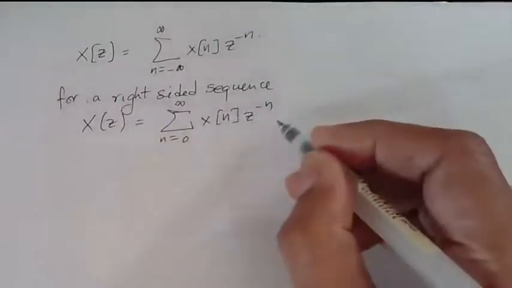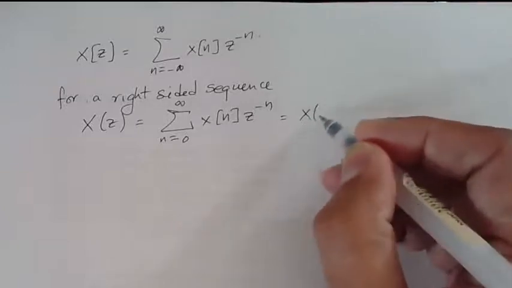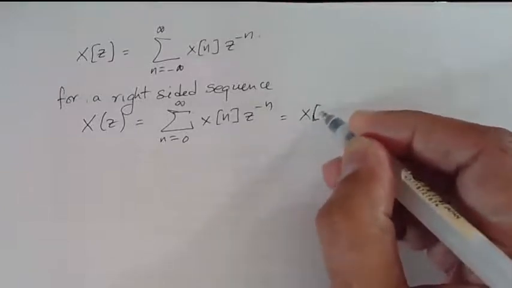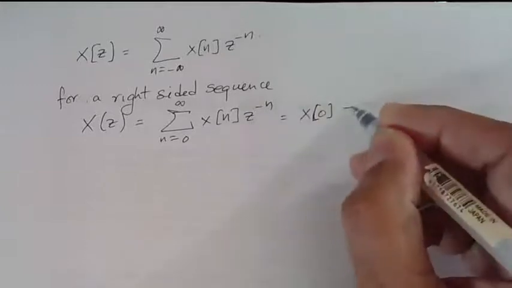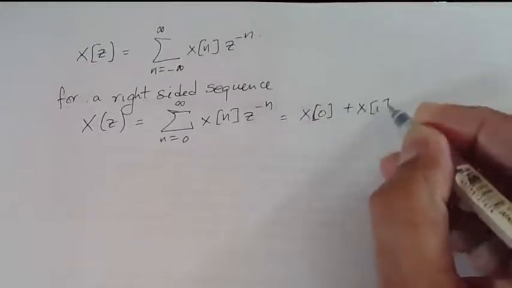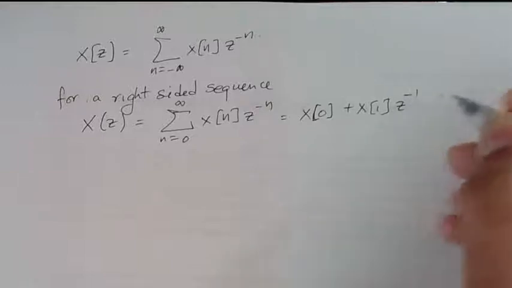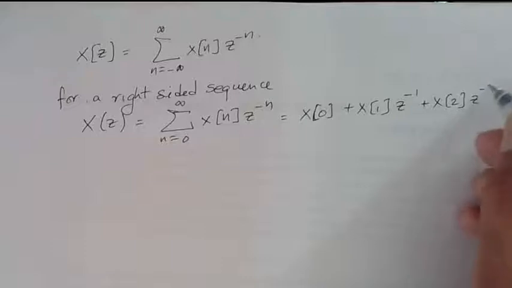Or I could write it out as a polynomial in z to the minus 1. So this will be x(0) times z to the power 0, plus x(1) times z to the power minus 1, plus x(2) times z to the power minus 2, etc. Okay?